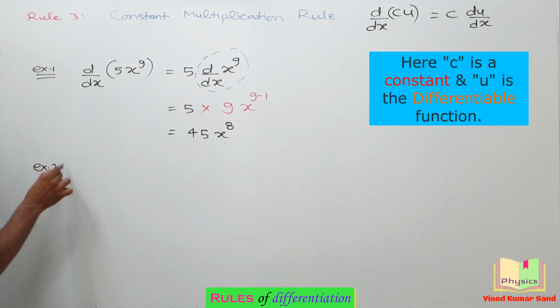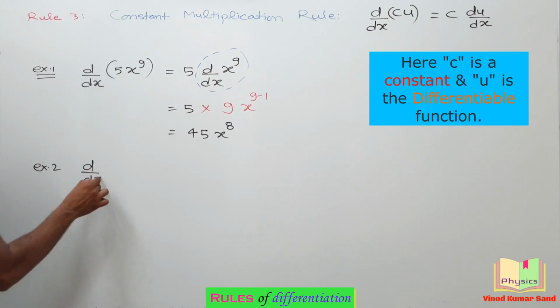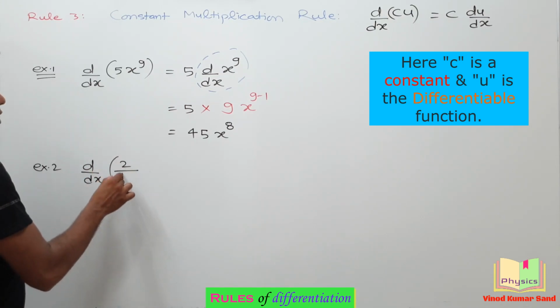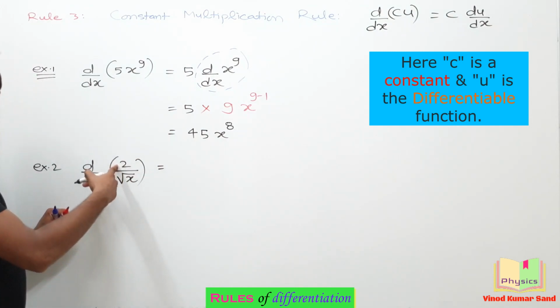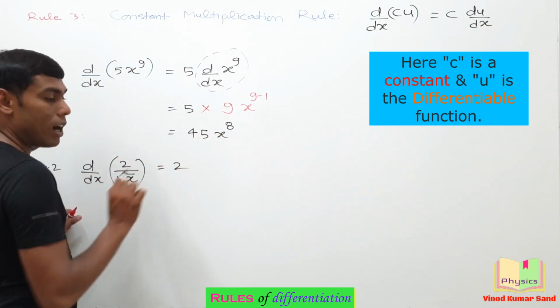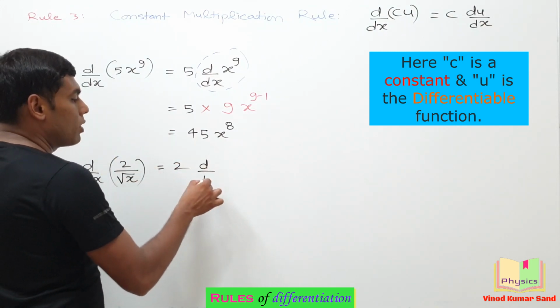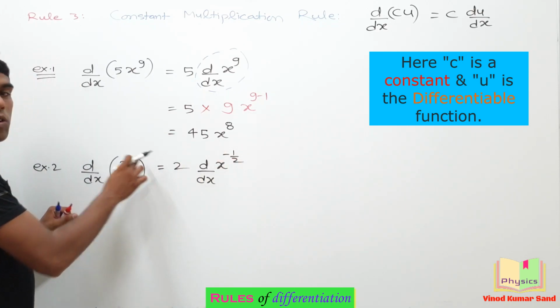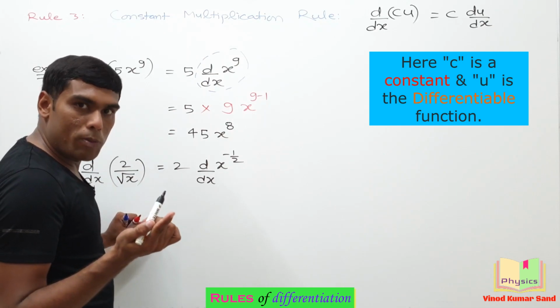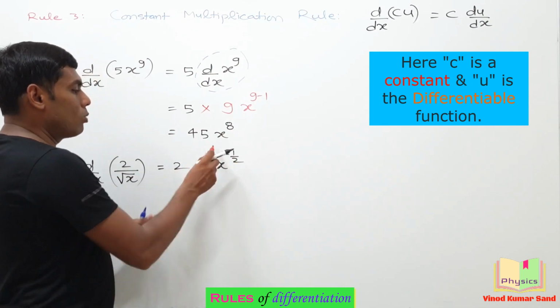Example number 2. d by dx of 2 by root x. Then how will you simplify it? 2 is a constant. So the constant will be taken out and you are left with d by dx of x to the power minus 1 by 2. When it goes up, it becomes x to the power minus 1 by 2. Now you know how to simplify this.